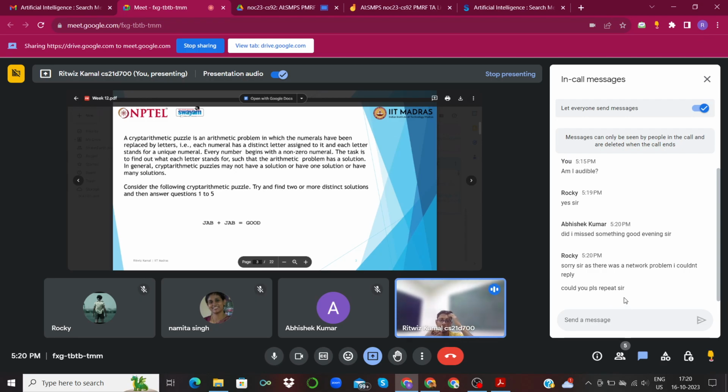So the first question deals with solving the crypt arithmetic puzzle, which is like an encryption. You're given the equation JAB plus JAB equals GOOD. The encoding here is that each of these letters J, A, B, G, O, and D represents some number greater than or equal to 1. Each letter is assigned one unique number, and one unique number is assigned to one unique letter.